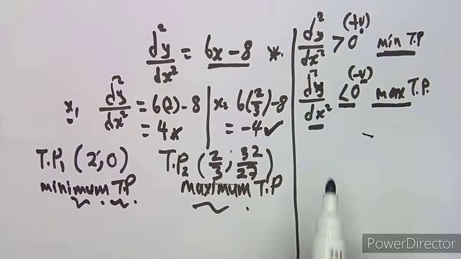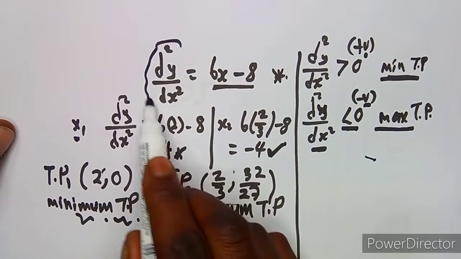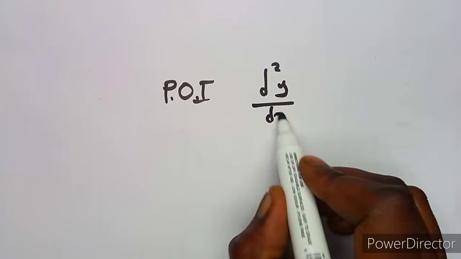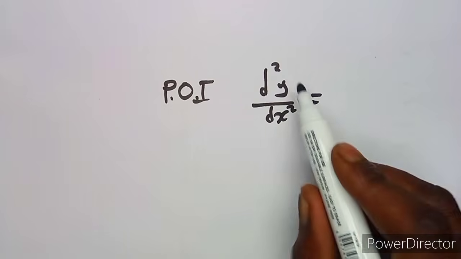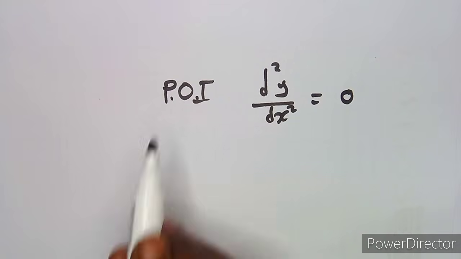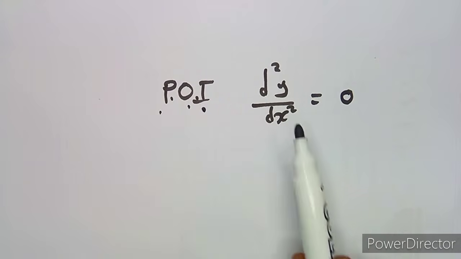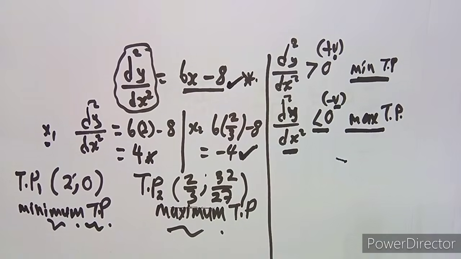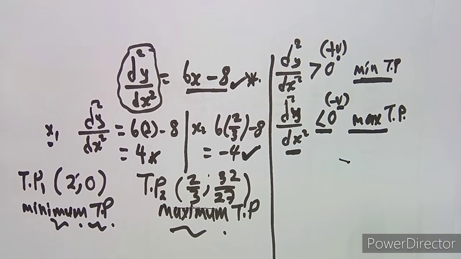The point of inflection is taken from the second derivative, but this time you are equating the second derivative to 0. So that's the point of inflection, when the second derivative is equal to 0. The turning points are at a condition when the first derivative is equal to 0, but the points of inflection are at a condition where the second derivative is equal to 0. We got our second derivative before, so it's a continuation: 6x minus 8 was our second derivative.